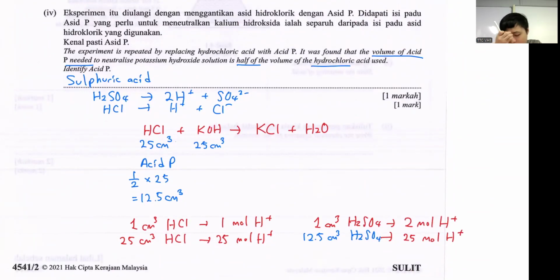Oh, simple. Just remember this. The more H plus produced, the higher the concentration of the acid.